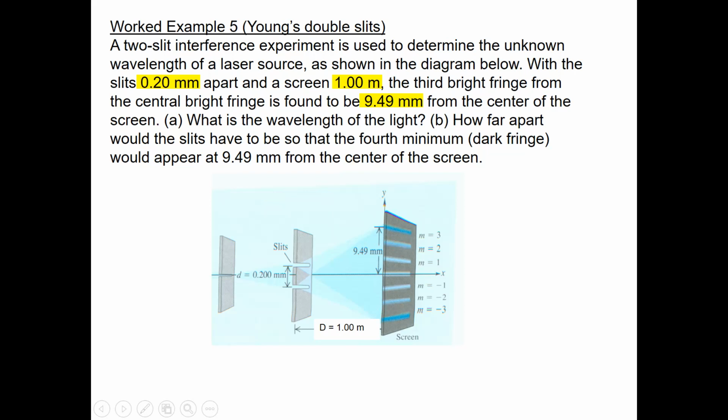The fourth order is actually above the third order maximum. That means now I want it to be lower down. That is, the slit separation must increase because now the fringes are closer together. Remember the inverse relationship? When the slit separation increases, the fringes will be closer.